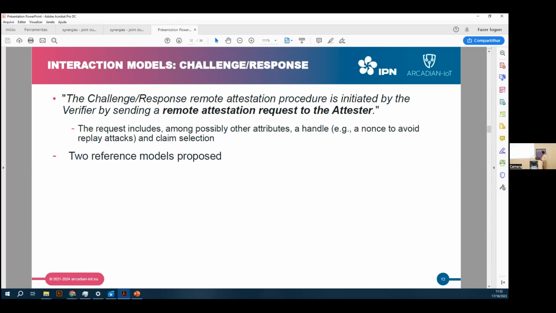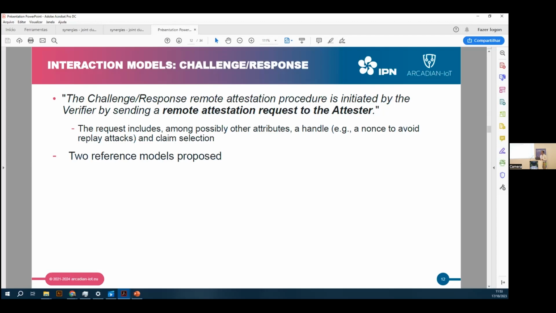This request is the challenge and includes, among other possible attributes, a handle. The handle can be, for instance, a nonce, which can uniquely identify the request and is used to avoid replay attacks, for instance. Another important aspect is the claim selection, which is exactly which claims the attester should send among the ones it can actually collect and send.